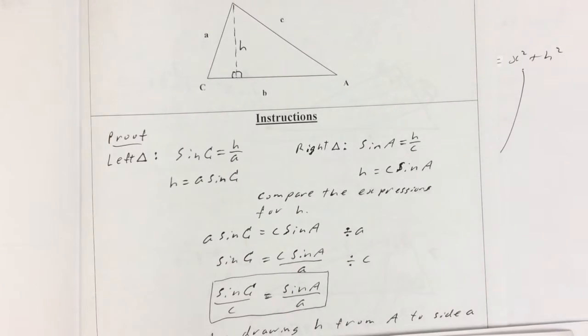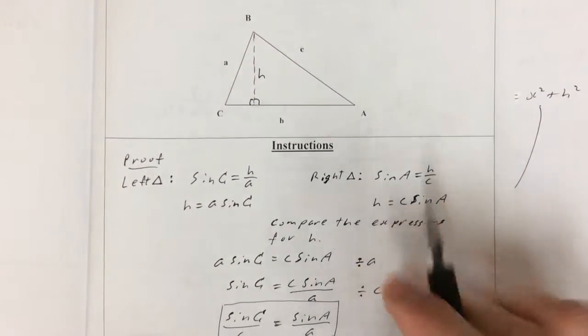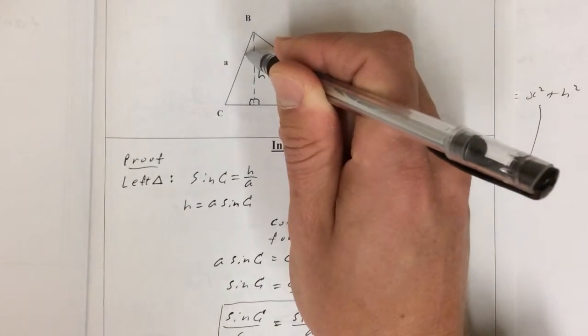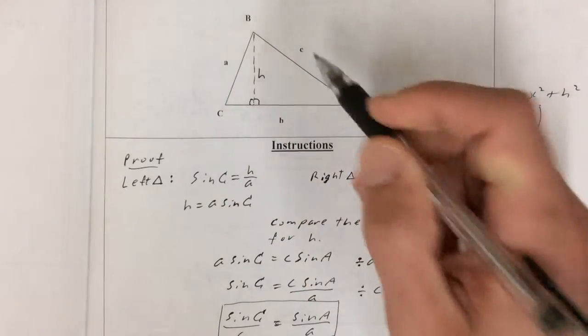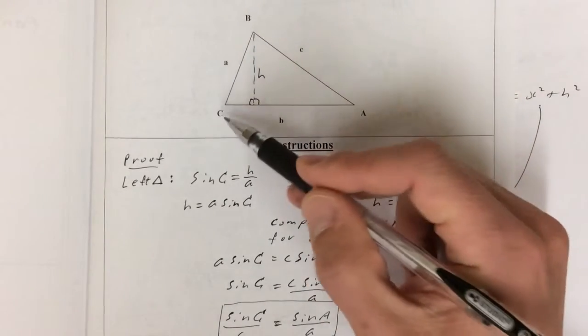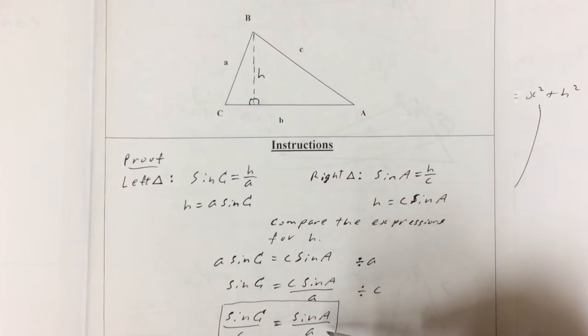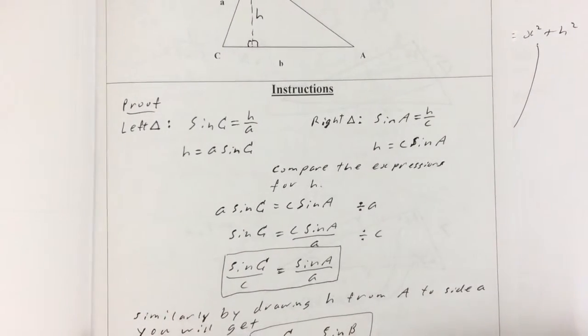Now, if you were to do the same thing in this triangle by dropping a perpendicular from, say, side a over to angle A, you would then get a relationship between angle B and angle C that looked identical to this. So you have then a double equality, or a double equation.